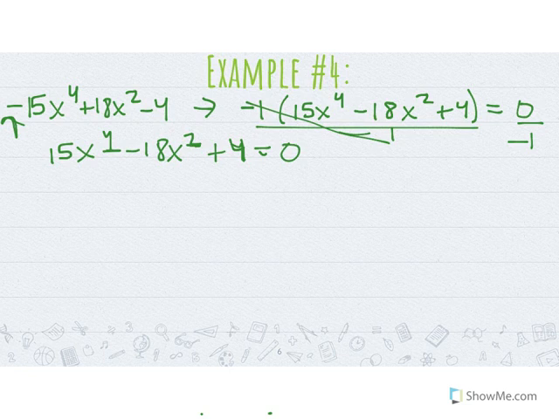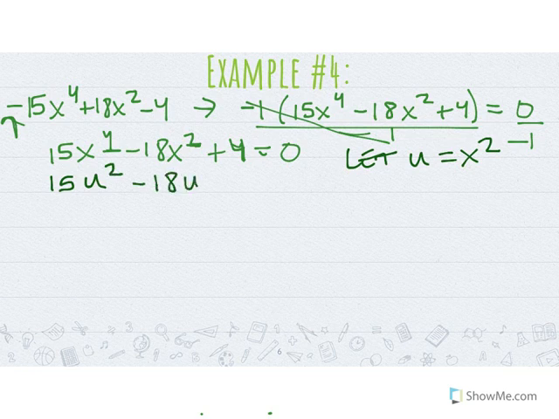So I actually get to let u equal x squared again. And now I'm going to substitute in all of my u substitutions. So we should get a polynomial again: 15u squared minus 18u plus 4 equals 0.